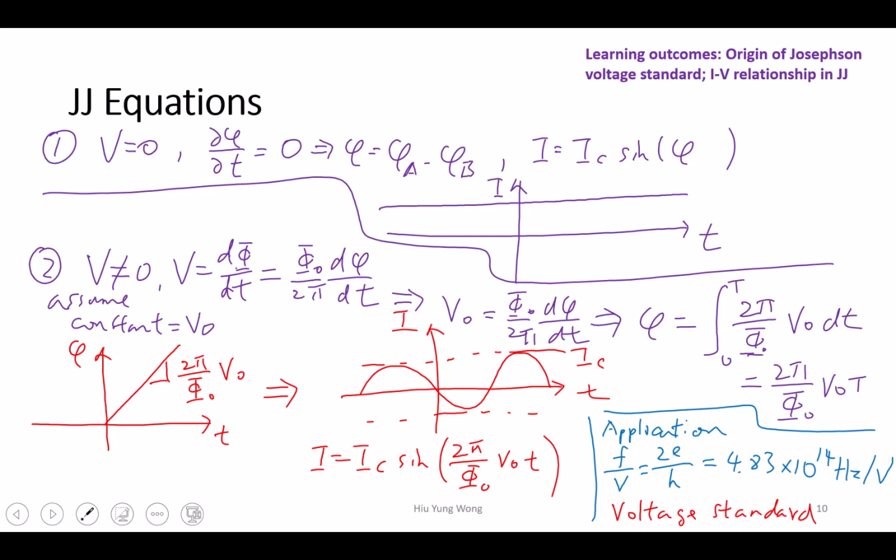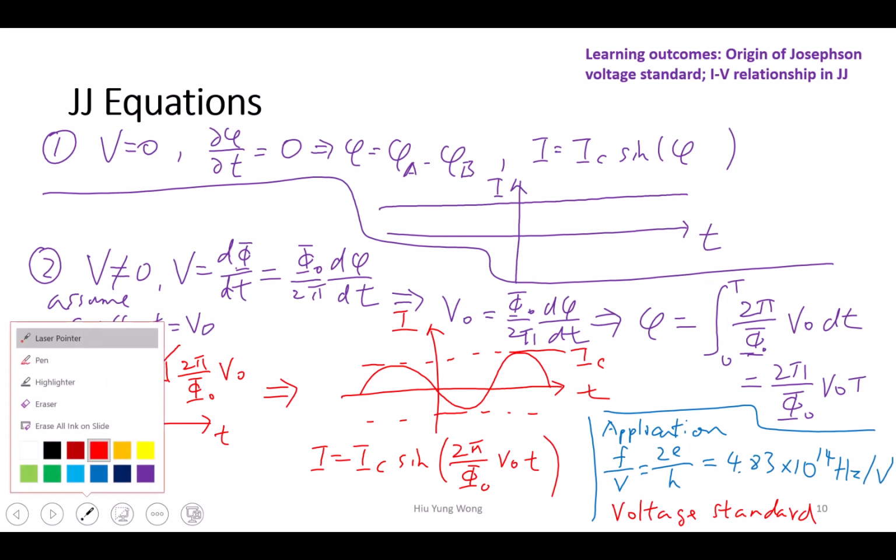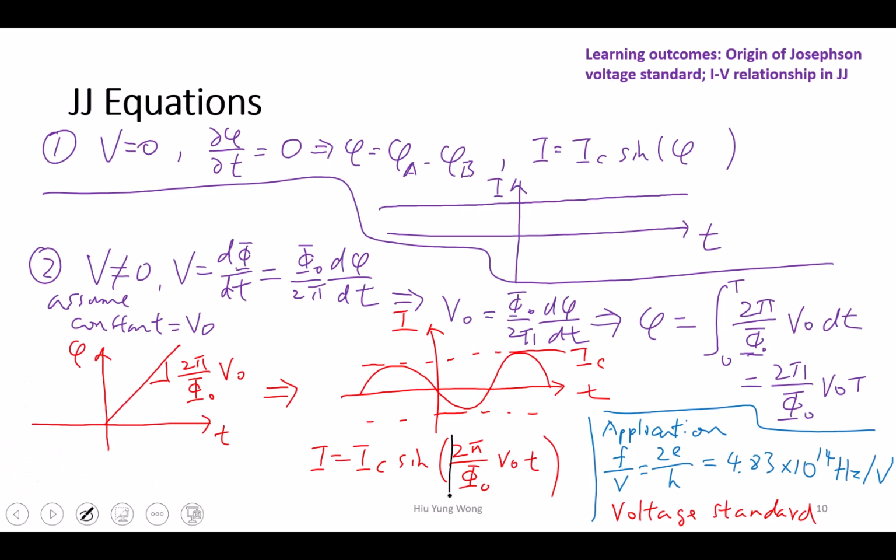F over V, okay. Good question, right? So I am a little bit rushed. This one is just equal to 2 pi F, because it is something times t. So 2 pi F is equal to 2 pi V0 divided by phi naught, because this is the oscillation frequency.